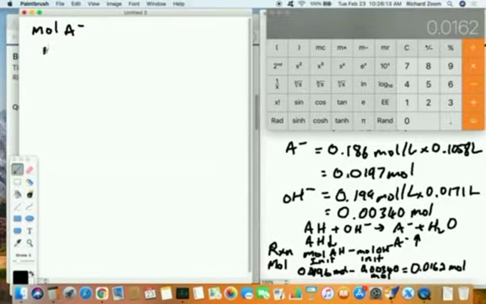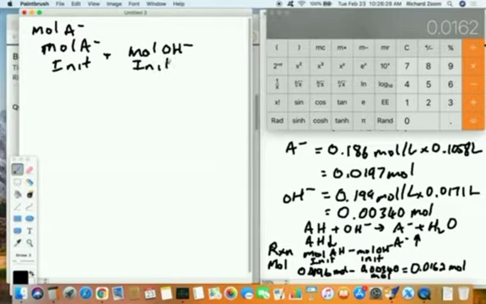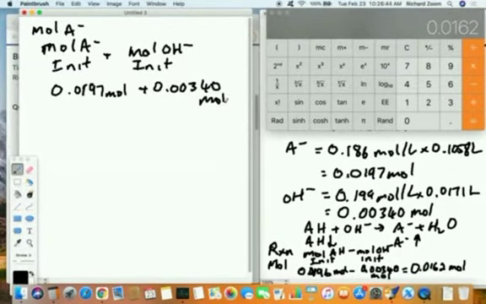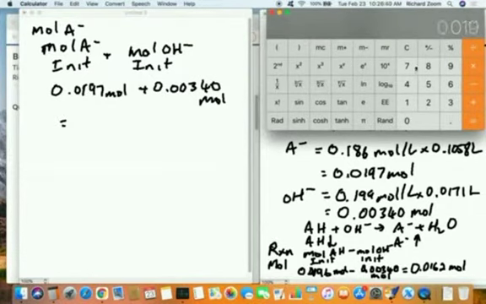That's going to be the moles of A minus initial plus the moles of OH minus initial, which is going to be 0.0197 moles plus 0.00340 moles. And that's 0.0231.